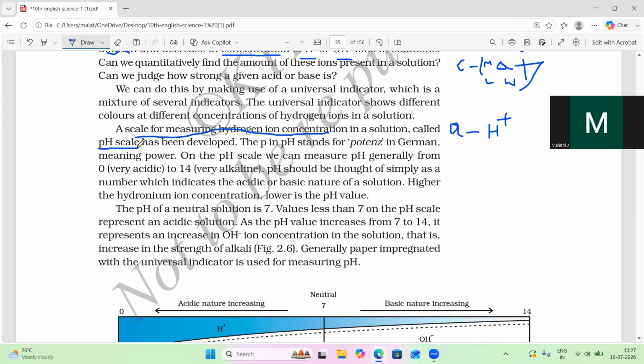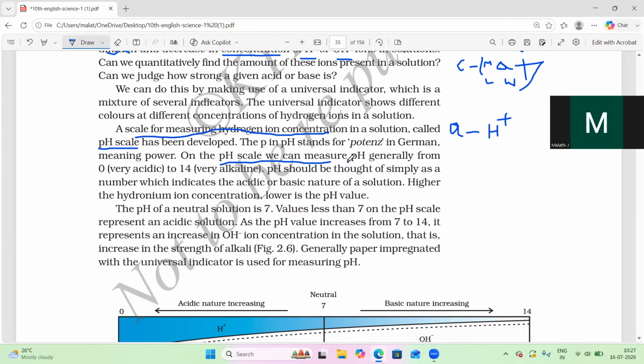Today we will discuss totally about this pH scale. pH means, P means power, H means hydrogen ions, so the concentration of hydrogen ions. That is the meaning of pH.